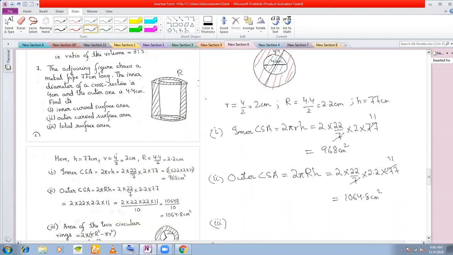First of all, the area of the circular ring at the top, the area of the circular ring at the bottom, plus the inner curved surface area, this one, plus the outer curved surface area, this one.